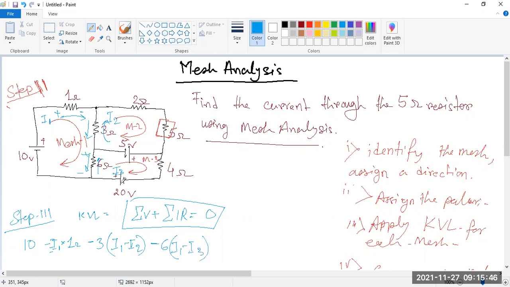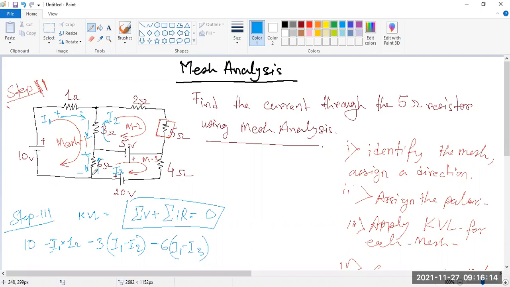We don't know whether I1 is greater than I3 or I3 is greater than I1, because here 20 volt is there, here 10 volt is there. But we couldn't decide it now. As we are going through the mesh, we always assume that our current I1 is flowing in one single direction.